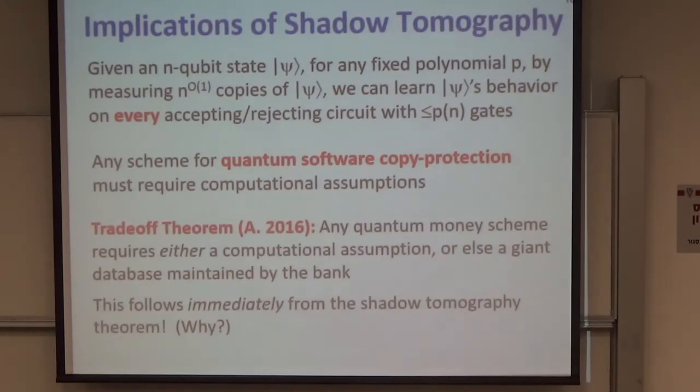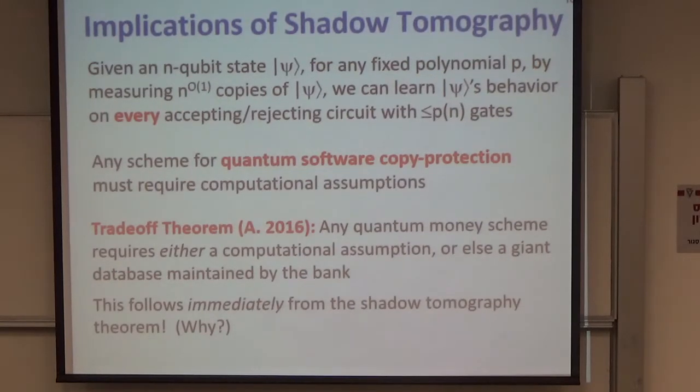Likewise for quantum money. We can say that for any possible scheme for quantum money, you need either a computational assumption, or else the bank has to maintain an enormous amount of secret information, which was the case in Stephen Wiesner's original scheme for quantum money.